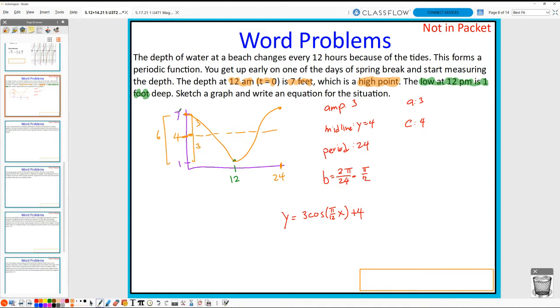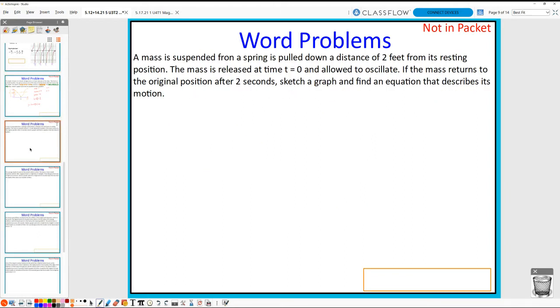So sketching is actually the most important part here. If your sketch is incorrect, then your whole equation is going to be thrown off. Okay, and it's also really important to pay attention to where we are starting in the beginning, because it could be a max, it could be a min. For example, in this case, a mass suspended from a spring is being pulled down a distance of 2 feet. Its resting position, that's kind of like where my 0 is.